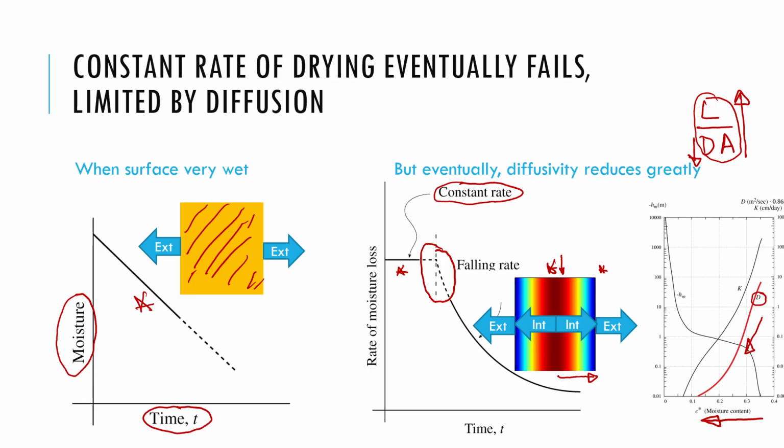So we start off at constant rate, when it's mostly decided by the external resistance, but eventually it becomes controlled by the internal resistance, or a diffusion process, and that's when we would need to use at a minimum the diffusion model.